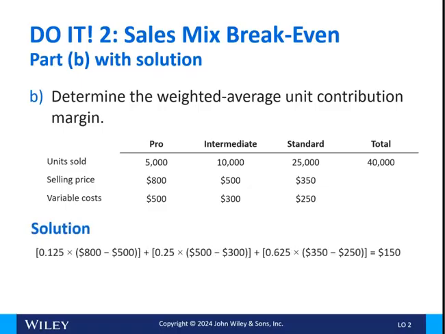So 800 minus 500 for the Pro times 12.5%, 500 minus 300 for Intermediate times 25%, and then 350 minus 250 times 62.5% for the Standard. Add those together, we get $150 contribution margin. That's our weighted average unit contribution margin for the company.